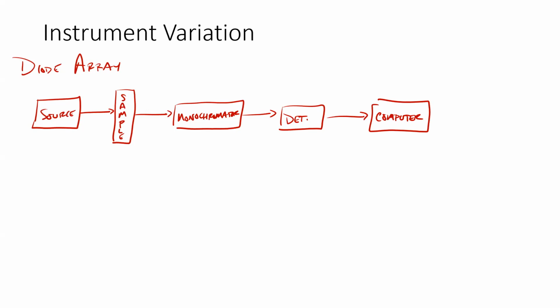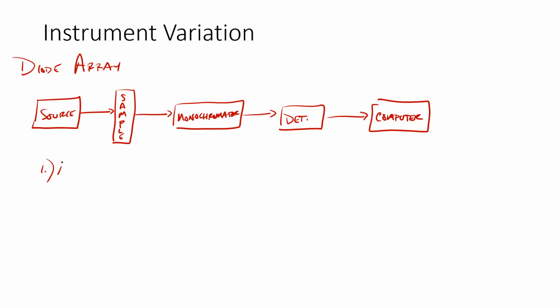Now this has a few implications for us. Right? In a diode array, first off, are we passing just a single wavelength through our sample now? No, right? We're passing all of those wavelengths. And so we're sort of testing the absorbance of every wavelength at the same time.